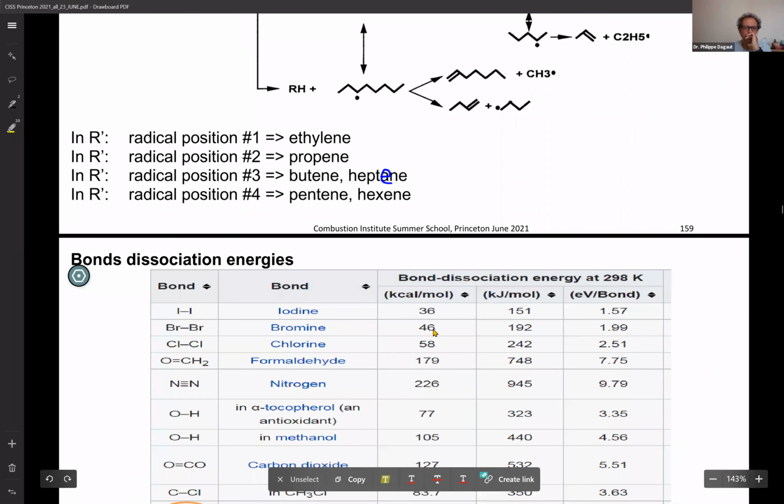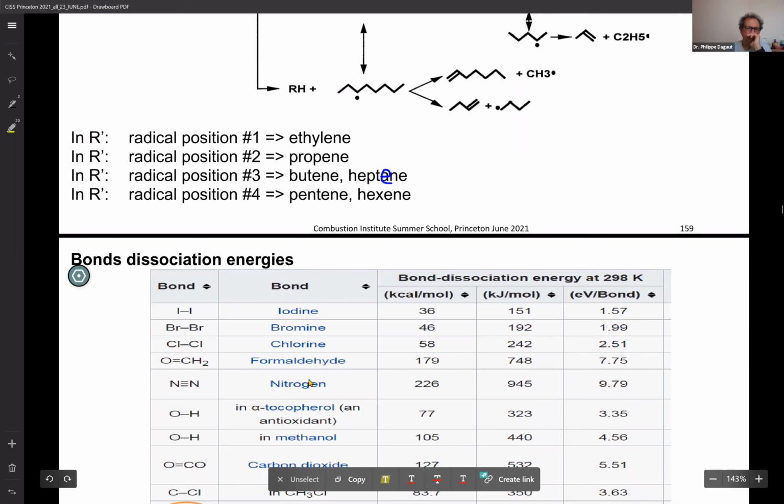One of the factors which influence both the products formation and the rate of reaction are the strength of the bonds.